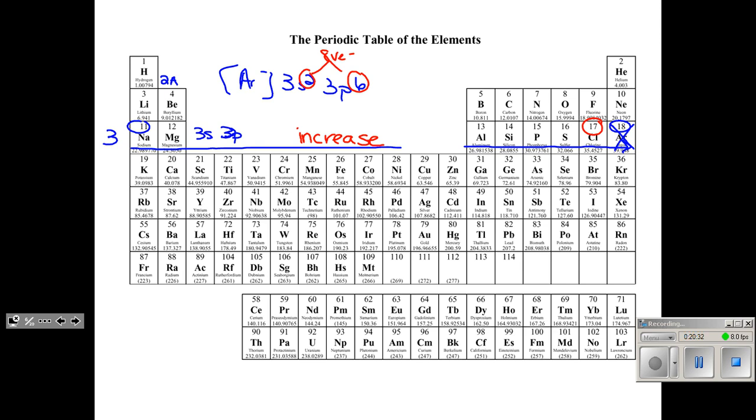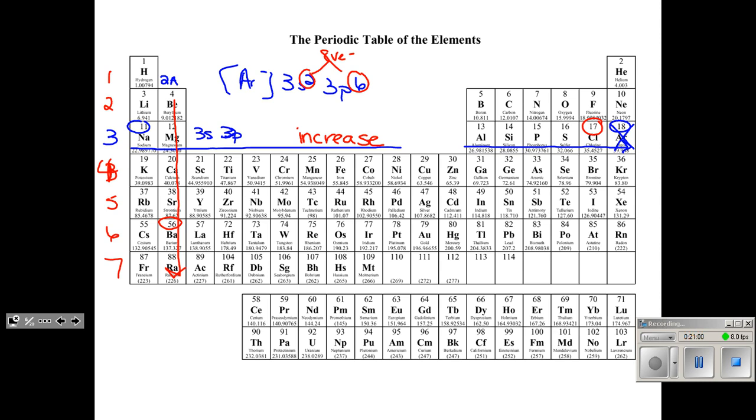If we go down family 2A, we have electrons at energy levels 1, 2, 3, 4, 5, 6, and 7. So the outer electrons of, let's say, barium are at energy level 6.